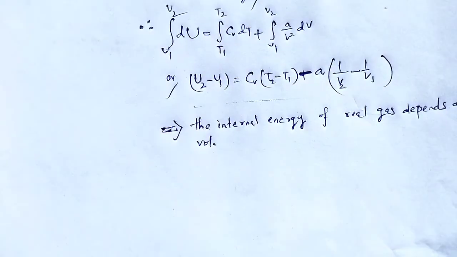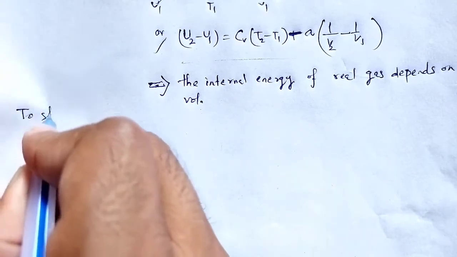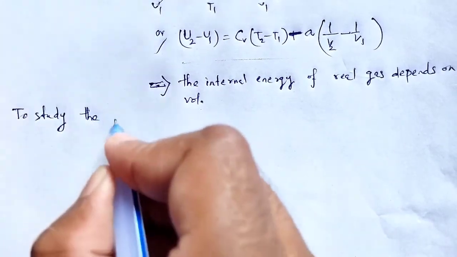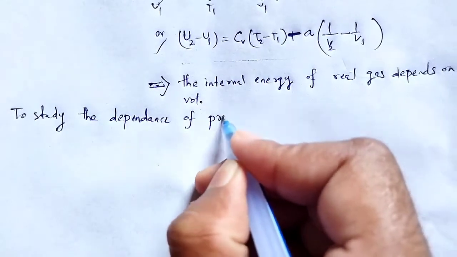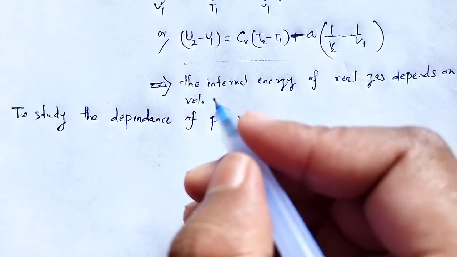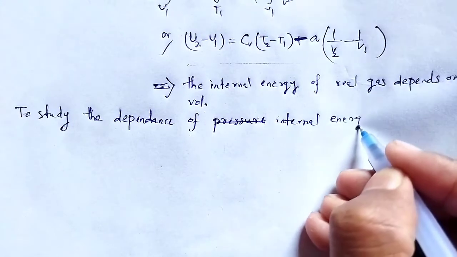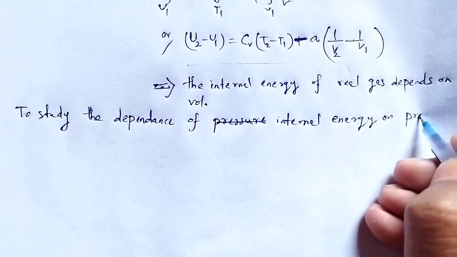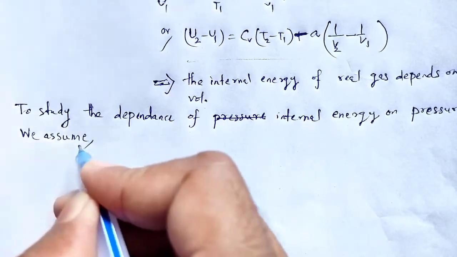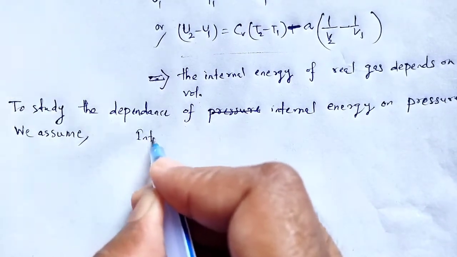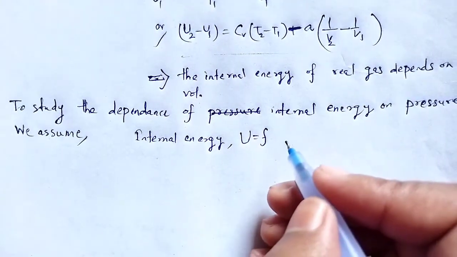Again, to study the dependence of internal energy on pressure, we assume that internal energy U is a function of temperature and pressure.